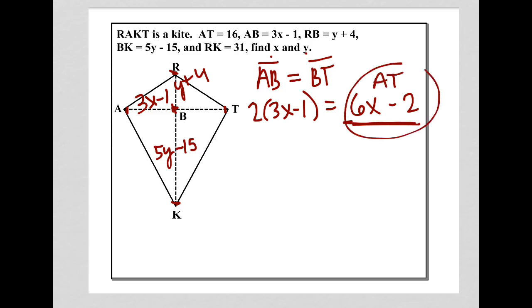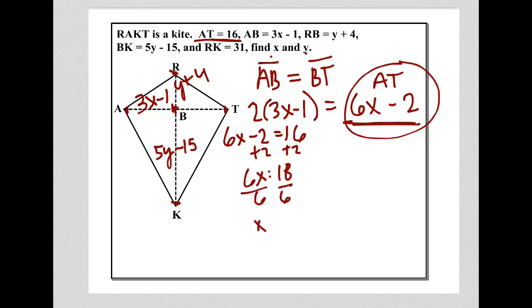Important because AT equals 16. So if we set what we found for AT, which is 6x minus 2, equal to 16, we can now solve for our x value. We add 2 to both sides, and we get 6x equals 18. We divide both sides by 6. We get x equals 3. So there's our x value.